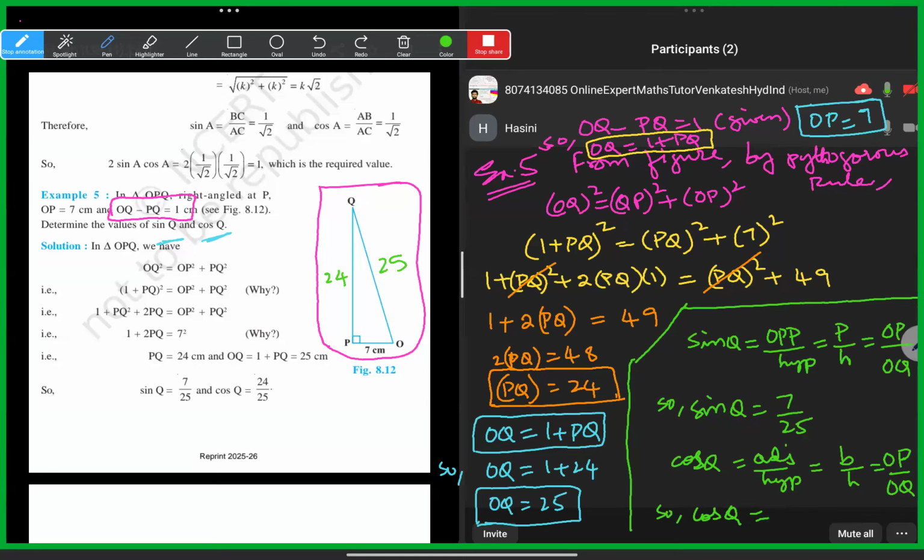Actually, Hasni, I wrote it wrong. For Q, the base will become PQ.